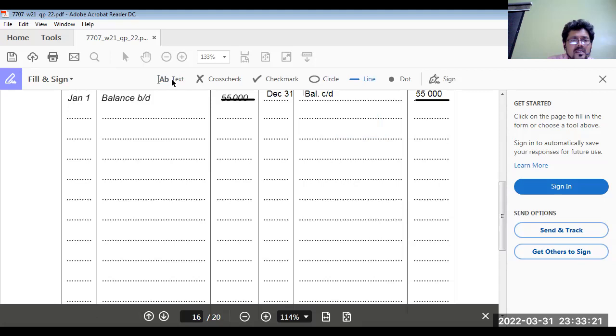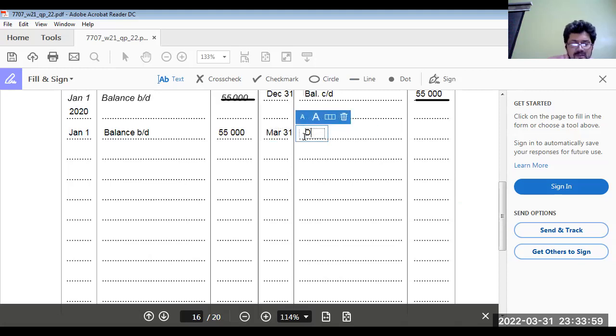Now we have 2020, balance brought down. Now in March, March 31st, we sold one of the machines.